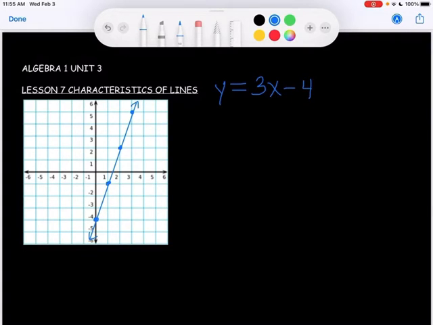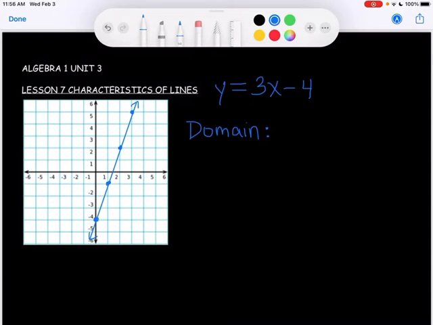All right, so the first characteristic that we're going to look at is domain, and you're going to see this a lot, because you'll look at characteristics of all types of functions. We're just starting with lines. So domain just says how far to the left and how far to the right will this function go? It's the x values. For a line, it's going left and it's going right forever.